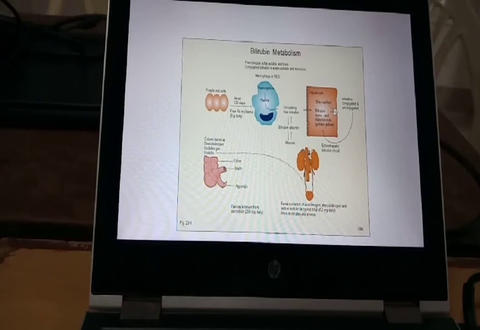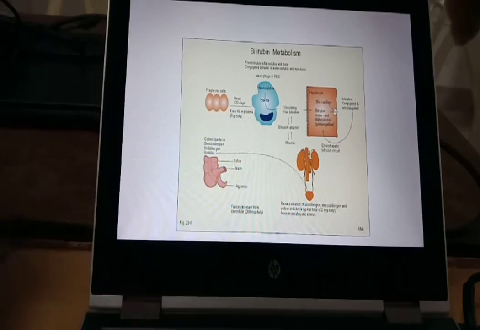But one of the things that you can differentiate between obstructive and hepatotoxic jaundice by is the presence of 5-nucleotidase and alkaline phosphatase in the blood.